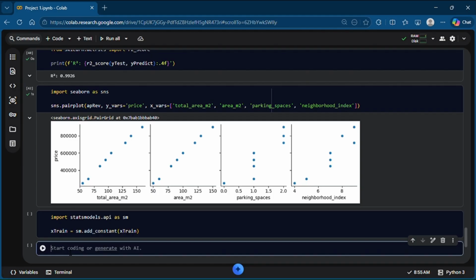We need to add this constant to vary the intercept, and add a non-linearity in our model, to decrease the bias in it.